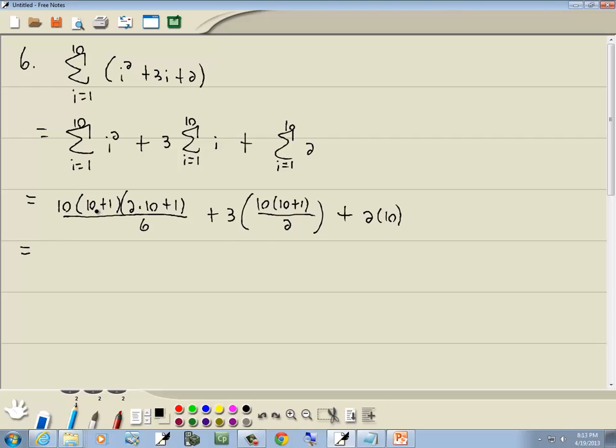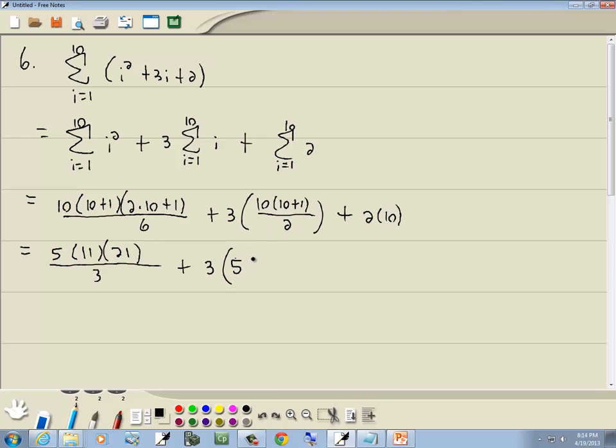Now always try to do a little bit of simplifying as you go along if you can. Like 10 and 6 are both divisible by 2. So that gives me 5 there, and I'll have 3 down here. 10 plus 1 is 11. 2 times 10 is 20, plus 1 is 21. Plus 3 times 10 divided by 2 is 5.